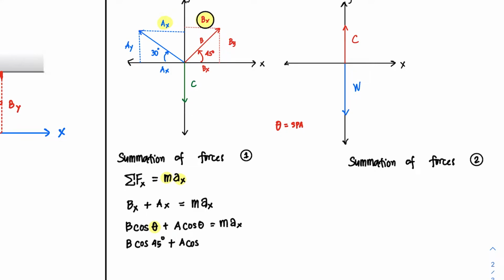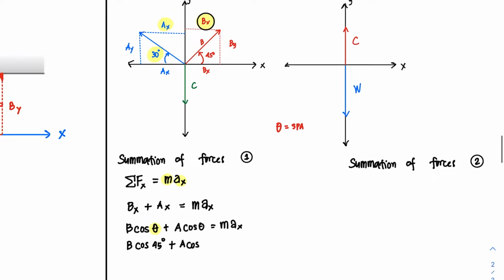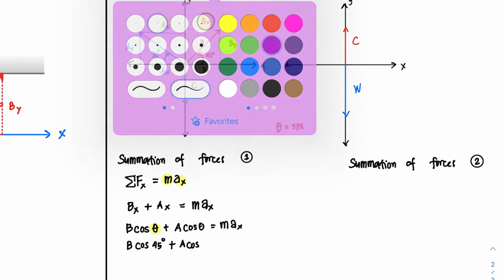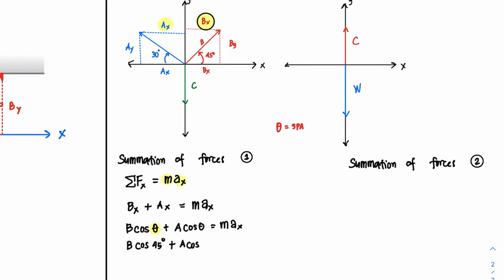So what is this angle over here? We know from the given that this is 30 degrees measured from the negative x-axis towards the positive y-axis. However, that is not the angle that we will be using since we should use SPA.